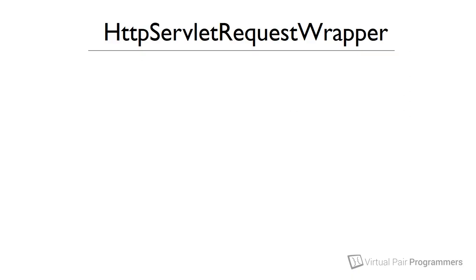And that is, we're going to be creating a different type of object, which is called an HttpServletRequestWrapper. If you're familiar with the decorator design pattern, then what we're about to see might look quite straightforward, but if you're not, don't worry. The idea is we're going to create a new type of object called this request wrapper, which is going to wrap a request object inside itself.